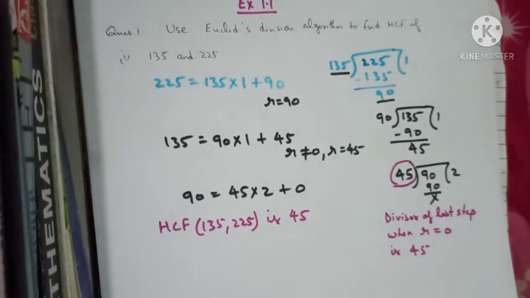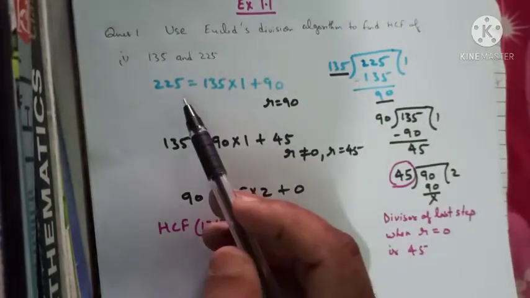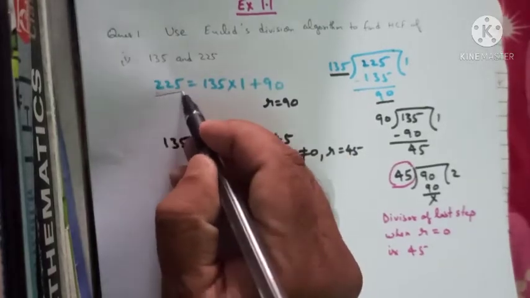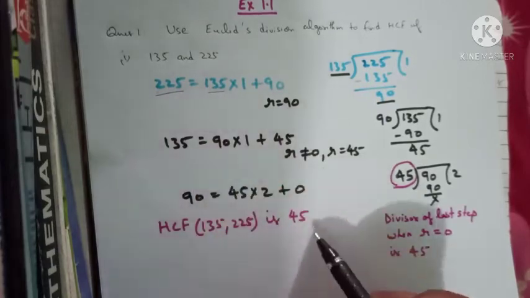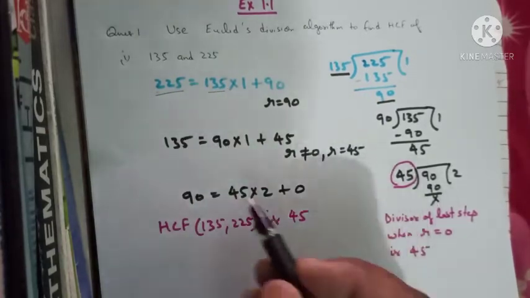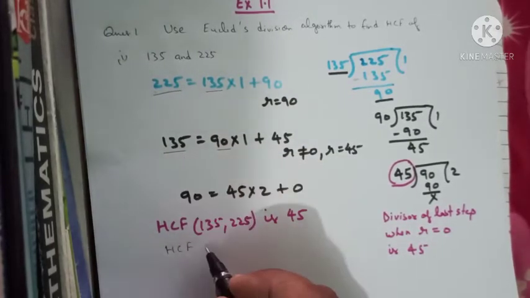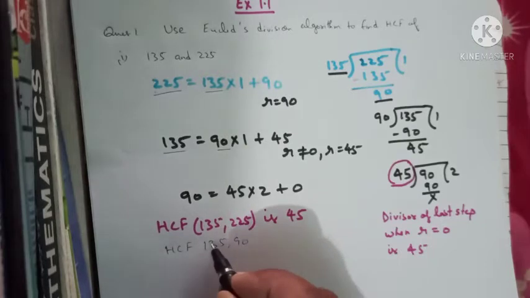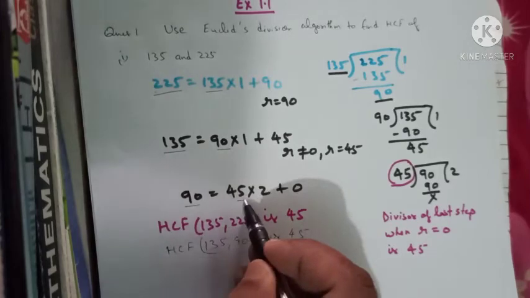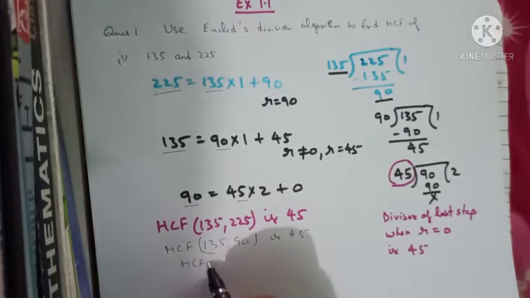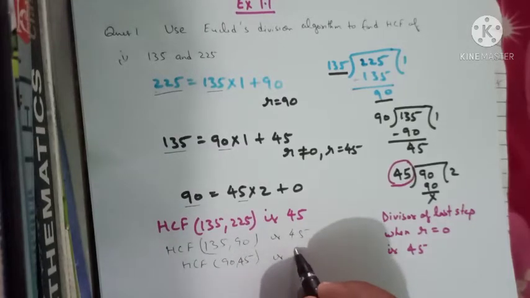One more thing we can conclude from here, although it is not asked, the question is over. In every step, the HCF of 225 and 135, that is dividend and divisor, is 45. In the second step, the HCF of 135 and 90 will also be 45, and in the last step, the HCF of 90 and 45 will also be 45.